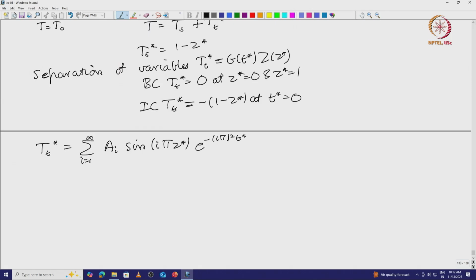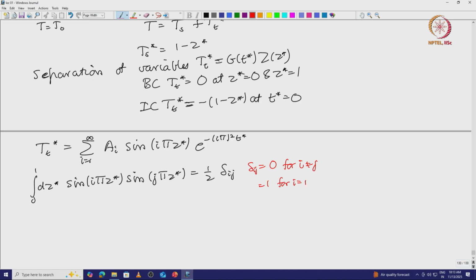And we had determined these coefficients a_i from the orthogonality relation: integral 0 to 1 dz star of sine of i pi z times sine of j pi z is equal to 1 by 2 delta i j, where delta i j is the Kronecker delta function, equal to 0 for i not equal to j, and equal to 1 for i equal to j.